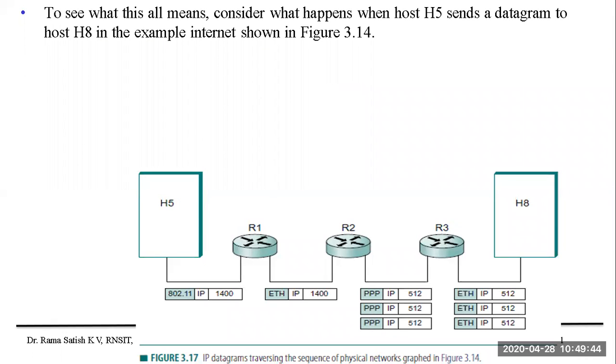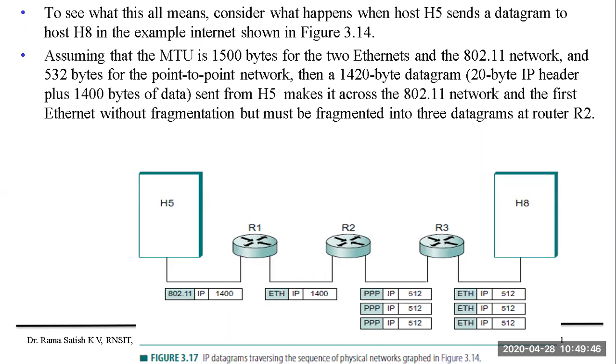Assume we have an MTU of 1,500 bytes for Ethernet, 532 bytes for the point-to-point network, and a maximum size of 1,420 for the Wi-Fi network 802.11.